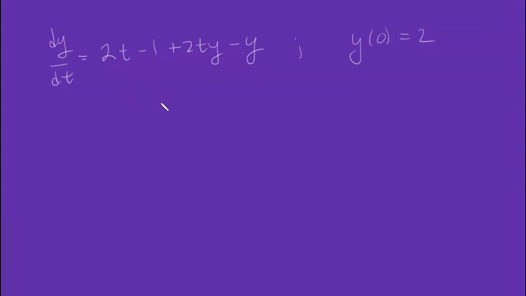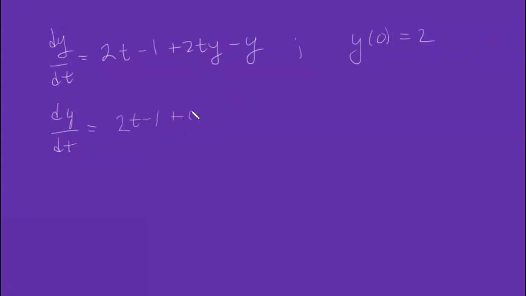A reason why it's going to work, though, is because there's a bit of a pattern here. So if we do some factoring, we might be able to get it to look like what we want. By doing some finagling of the right side, we can notice that there is a 2t minus 1 staying there, and there's a y with the rest of the term.